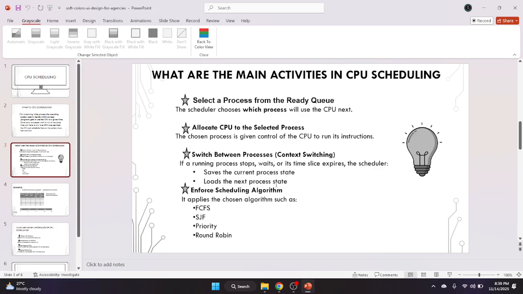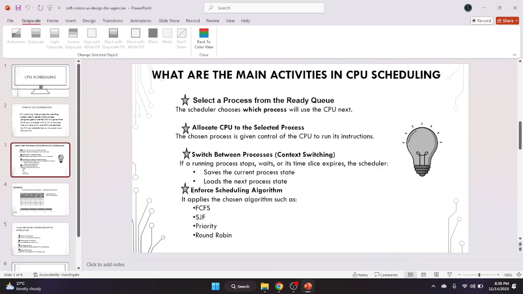This involves two steps. The first is saving the current process state so it can continue later. The second is loading the next process state so the next process can resume correctly. This is similar to saving your progress in a game before another player uses the same computer.